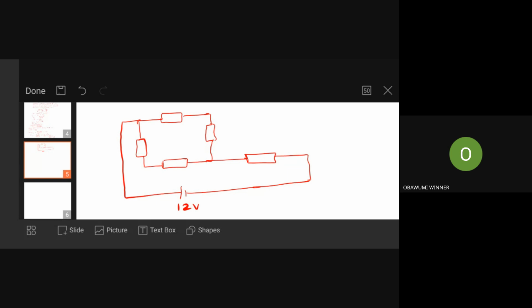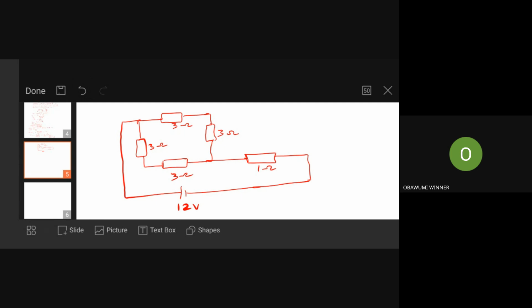Let me write the resistances on the outside so it doesn't look too small. This one is 3 ohm, this one is 3 ohm, this one here is 3 ohm, and this is also 3 ohm. So the three resistors there are all 3 ohms. And then this one right here is 1 ohm.